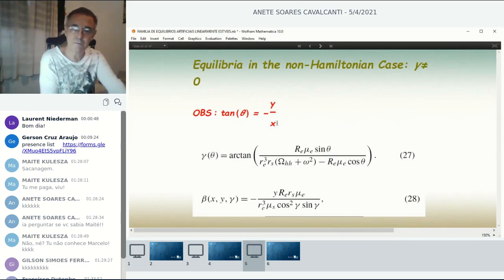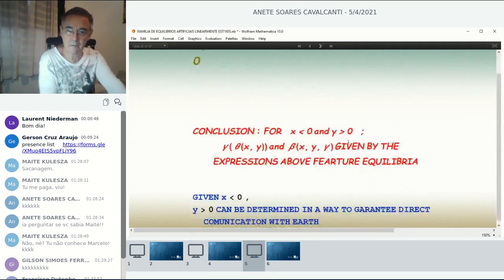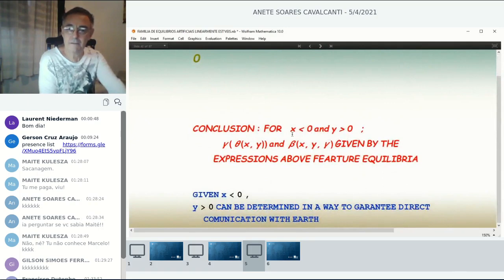So if we choose y and x in a certain region, then this angle theta can be computed, and with the angle theta, we can compute gamma and beta with the expressions, and this features as another family of equilibria. Okay? The region for the range of possibilities for y and x is this one, x negative and y positive at will.